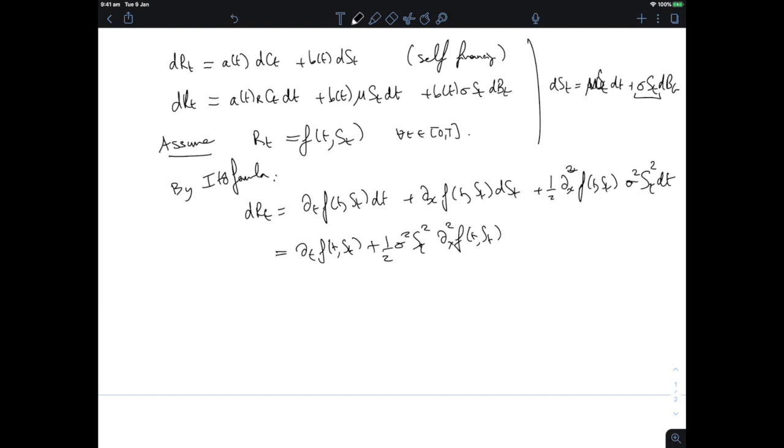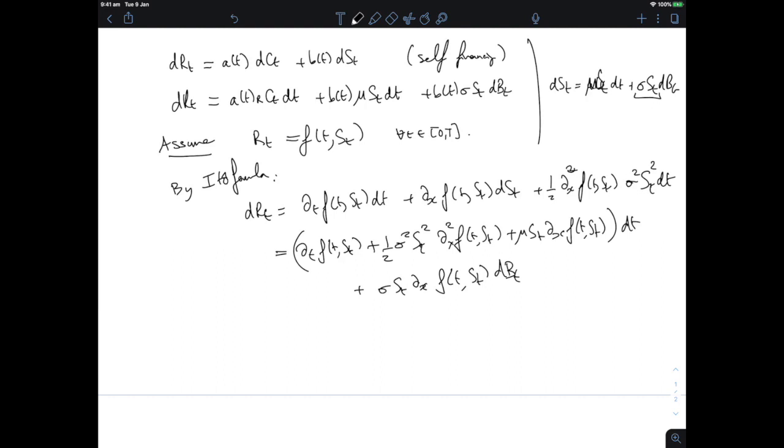And then we're going to get a dt term from the dS_t. What is the dt term coming from the dS_t? It's μ S_t ∂_x f(t,S_t). So all of these things are terms in front of dt, and then I have a σ S_t ∂_x f(t,S_t) in front of dB_t.